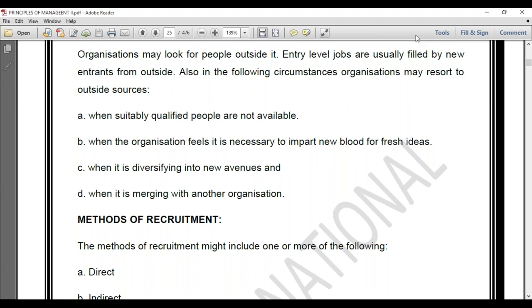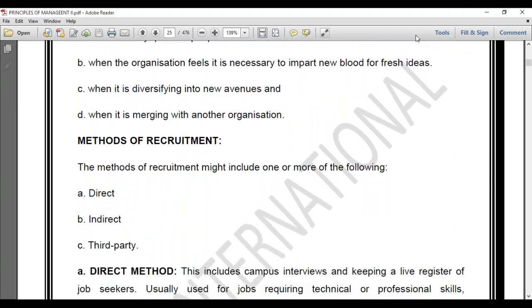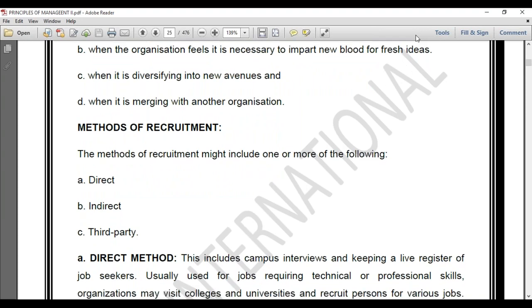You also do this under merger and acquisition. When an organization is merging with another organization, in order not to be biased, in most cases they will drop the old employees and bring in a new set of people. Because if you continue maintaining the old employees, bad blood will be generated.